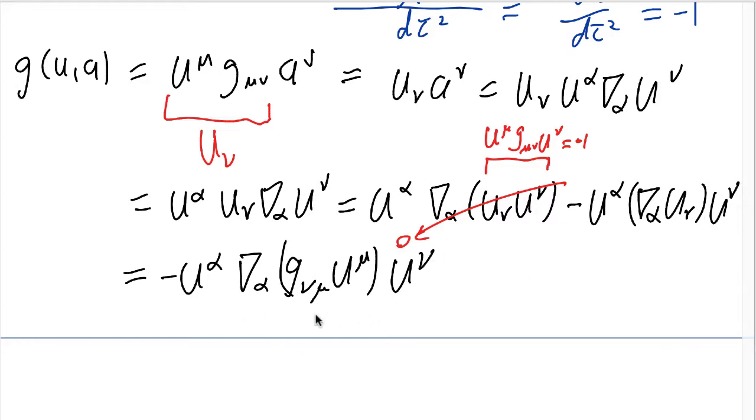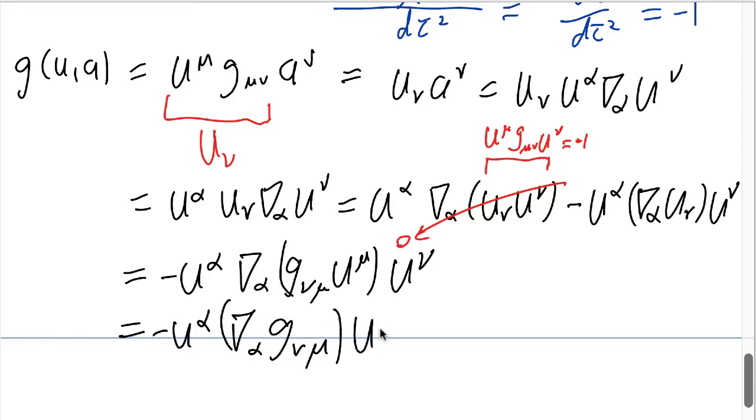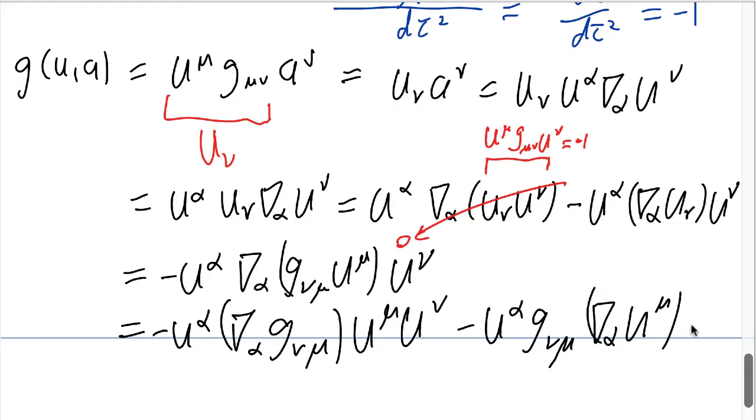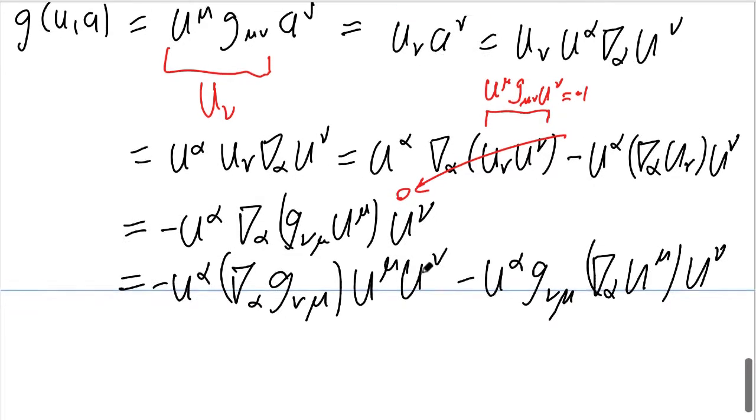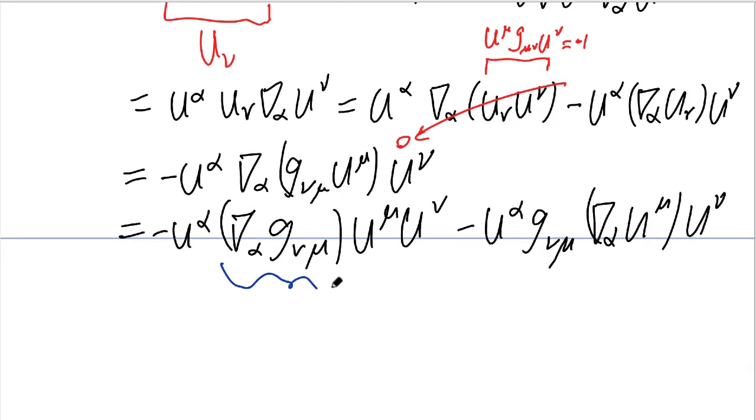All right, now let me first of all use the product rule to separate these terms with this covariant derivative first acting on g, and then the covariant derivative acting on u upper mu. Now I'll use another very important identity. This is equal to 0.